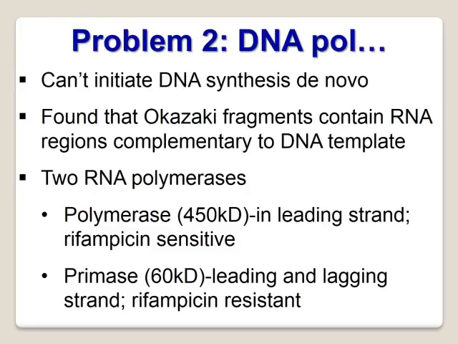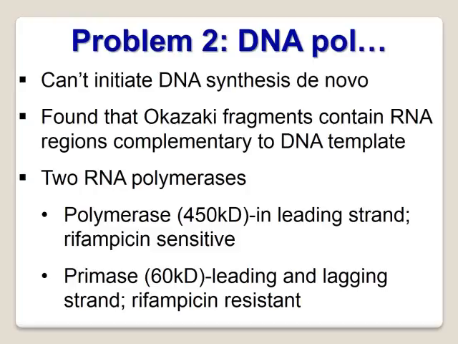This is sensitive to the antibiotic rifampicin. The other one is a smaller one, primase, which is 60 kilodalton, and it is responsible for generating RNA primer in the leading and also the lagging strand. And this one is resistant or insensitive to the antibiotic rifampicin.